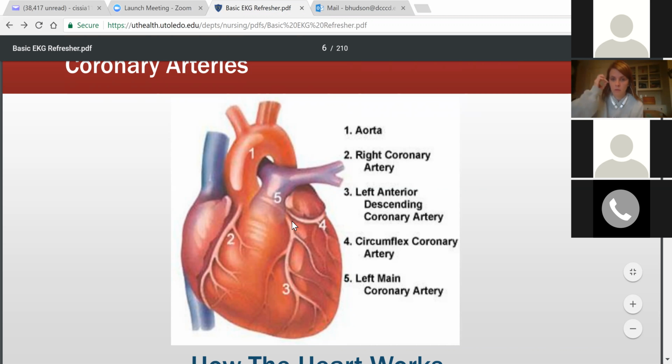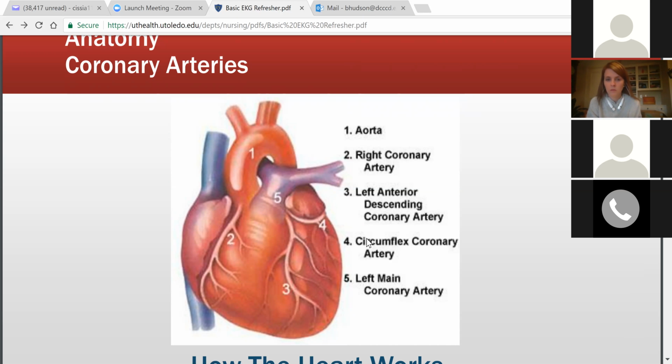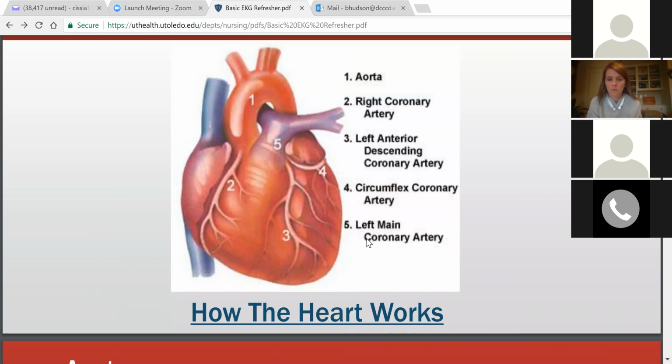It branches down into the left anterior descending, which feeds some of the left atria, but the majority of the front of the heart and the left ventricle. So it's along that septal wall. Then there is the circumflex, which wraps around to the lateral side of the heart and to the back. Those are your main coronary arteries. As small as they are, they're very critical.